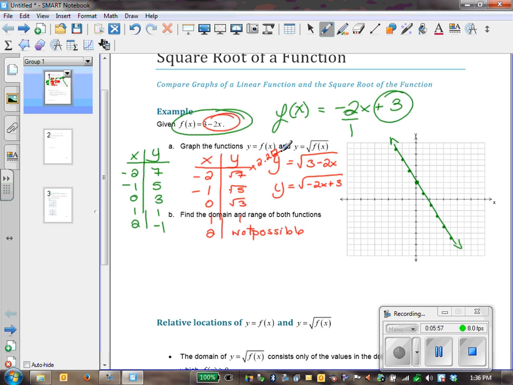What's the root of 5? 2.2. What about the root of 3? 1.7. And the root of 1 is 1. I got that one.